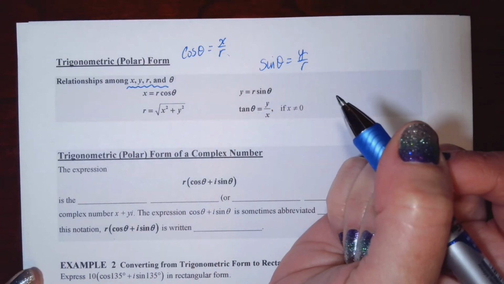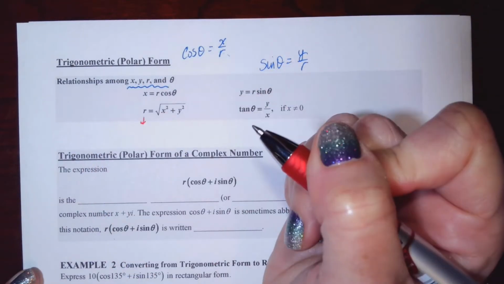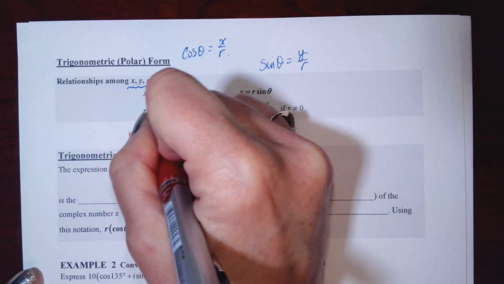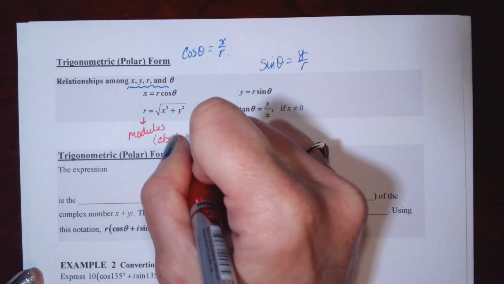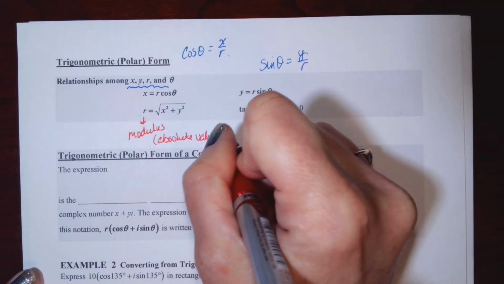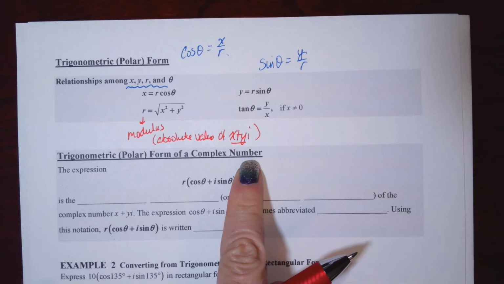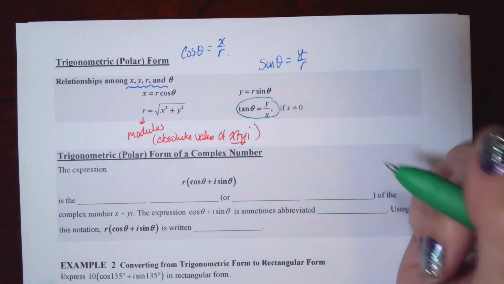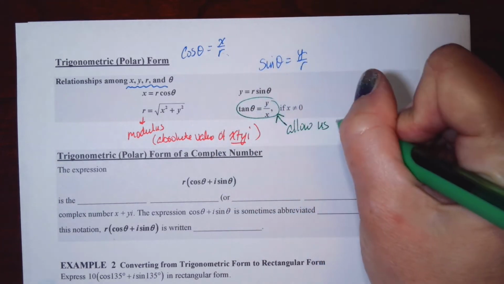So one thing that we're going to do new is that r, instead of our radius, is going to be called our modulus. We think of it as the absolute value of x plus yi as our complex number. And we're going to remember that this relationship here for tangent is what is going to allow us to find theta.